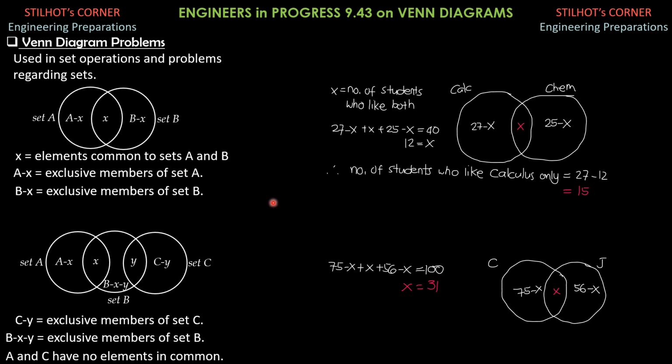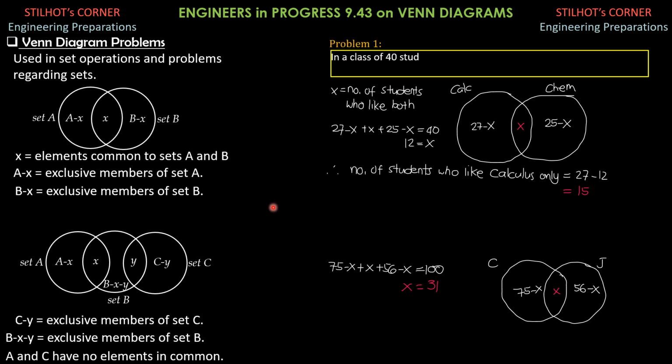So we are now ready to solve the first example. In a class of 40 students, 27 like calculus and 25 like chemistry. How many like calculus only? So the total number is 40. This 40 here is the sum of the numbers that will be placed here.